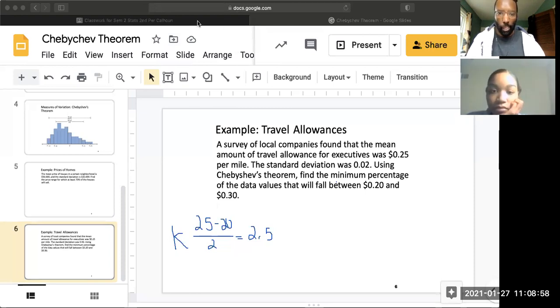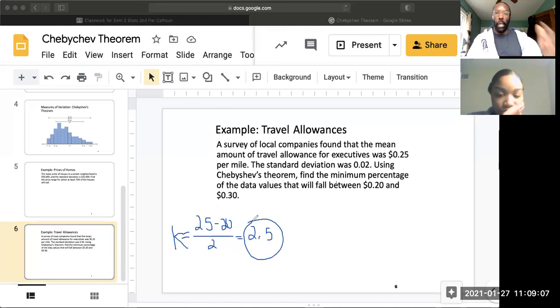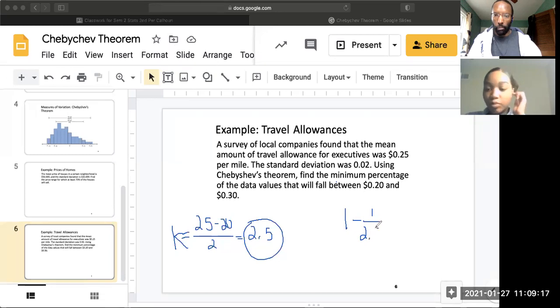So we had to get the number of standard deviations. If K is the number of standard deviations, now we could get the percentage. And now we use that one formula where we say 1 minus 1 divided by 2.5 squared.